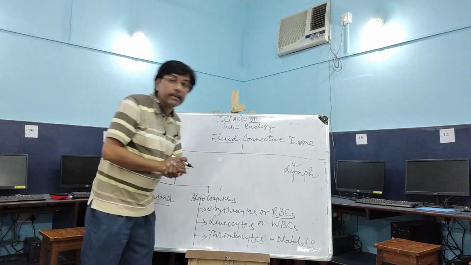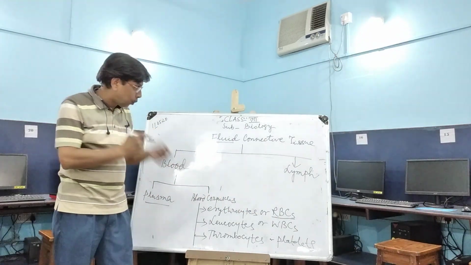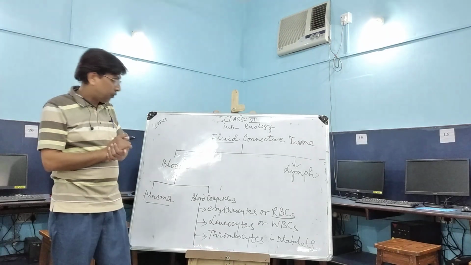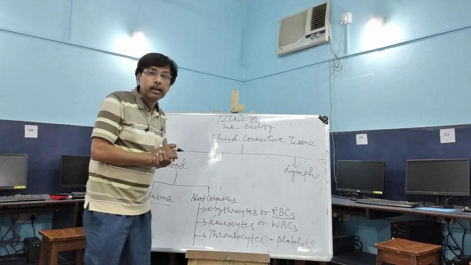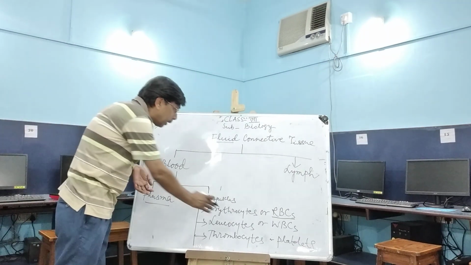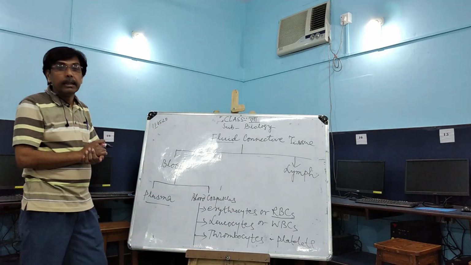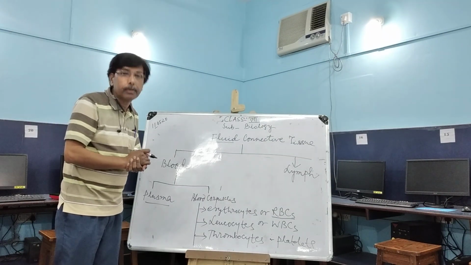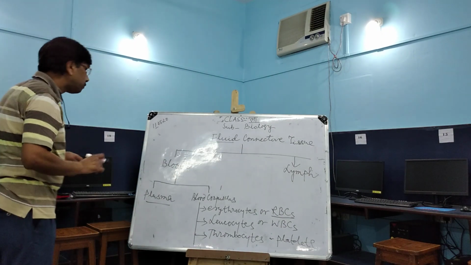Leukocytes or WBCs are actually the soldiers of our body which help fight infection. They destroy the germs. And thrombocytes or platelets help in the clotting of blood.